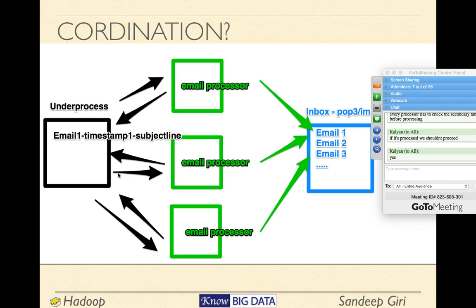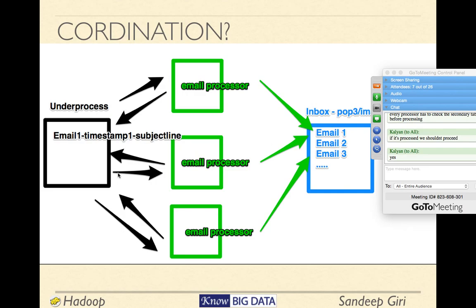Also, all of these have to take into account that if a particular email processor dies while processing an email, the other node should be able to pick up the same email. Okay, so those kinds of complexities arise when you deal with multiple machines and their coordination.